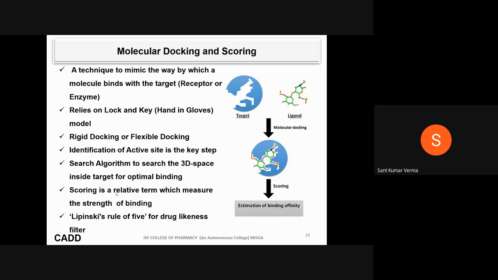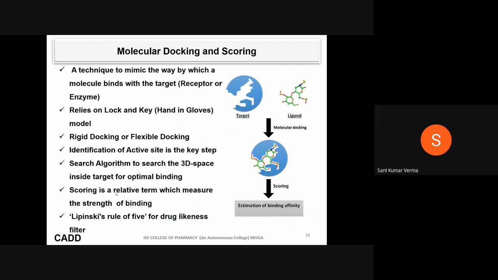Suppose you have a library of molecules and you want to screen this library against a target. You can filter the molecules on the basis of the Lipinski rule of 5 for their drug likeness. You can apply that the molecule should have molecular weight less than 500 Dalton, logP less than 5, hydrogen bond donors less than 5, and hydrogen bond acceptors less than 10.